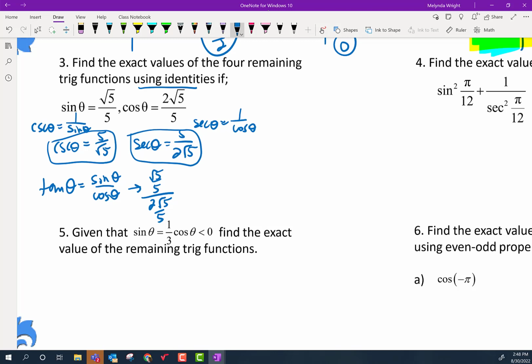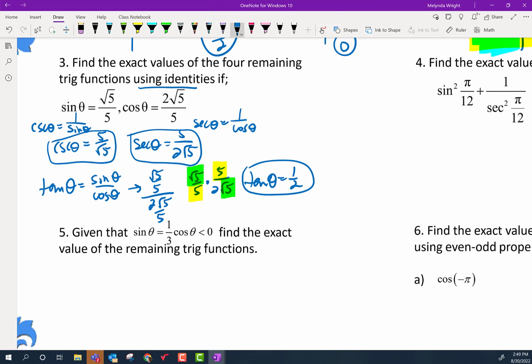And we'll refer back to our middle school days, when we were dividing, we would keep, change, flip: keep the top, change division to multiplication, and flip the bottom. Hopefully we can see that this root 5 will cancel with that root 5, and this 5 will cancel with this 5. So what we end up being left with is that tangent of theta is 1/2.